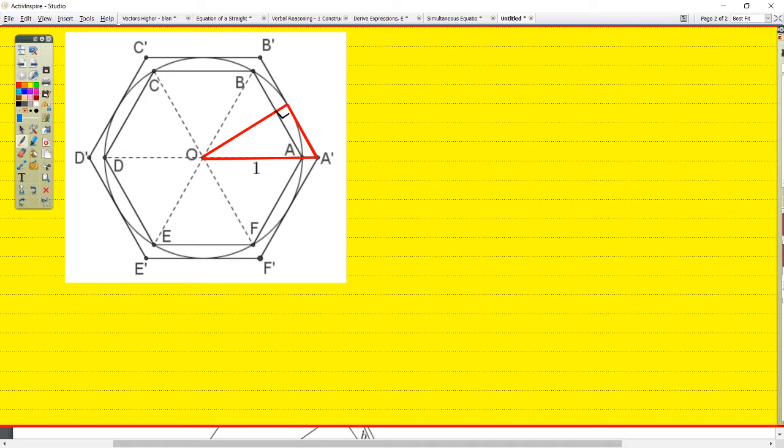If we were doing Pythagoras, I'll call that M. OM squared plus AM squared. Okay, but OM is 1. You already know that.